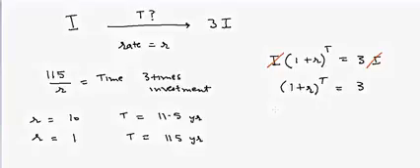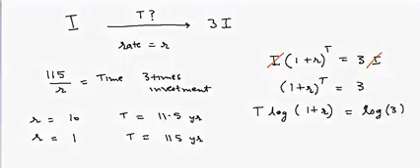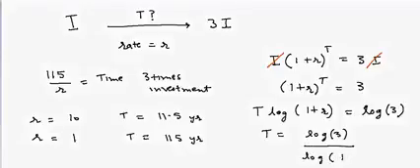If we solve this equation, we can take log on both sides. So t times log of (1 plus r) is equal to log of 3, so t is equal to log of 3 divided by log of (1 plus r).